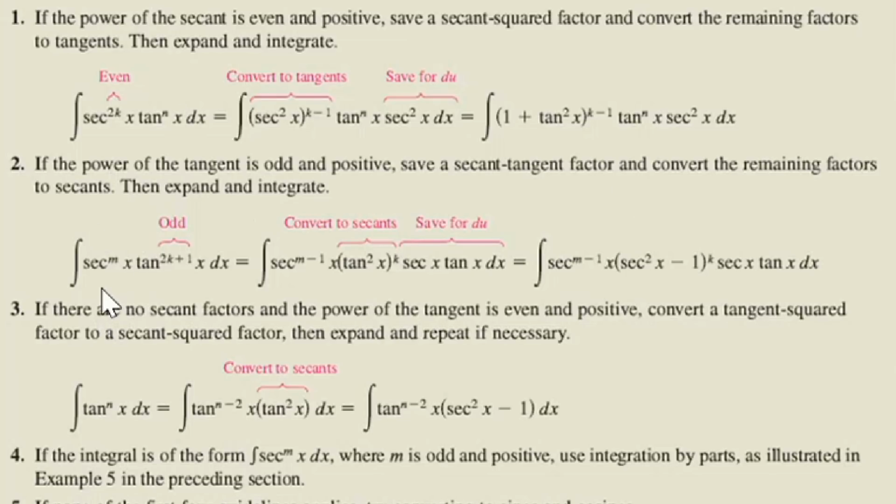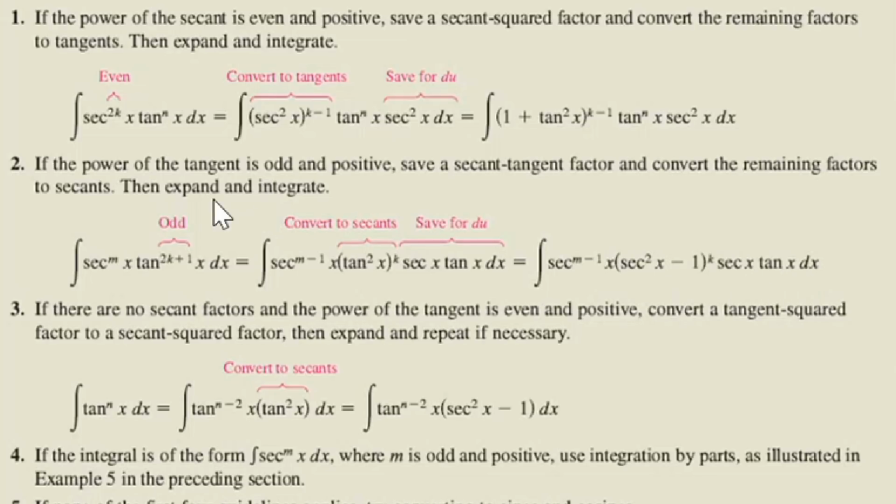The integral of secant to the power of m of x times tangent to the power of 2k plus 1 of x dx is equal to secant to the power of m minus 1 of x times tangent squared of x to the power of k times secant x tangent x dx. So that is equal to secant to the power of m minus 1 of x times secant squared of x minus 1 to the power of k times secant of x tangent x dx.